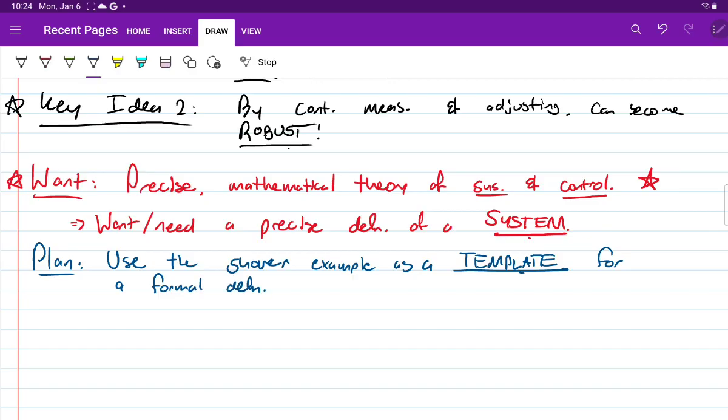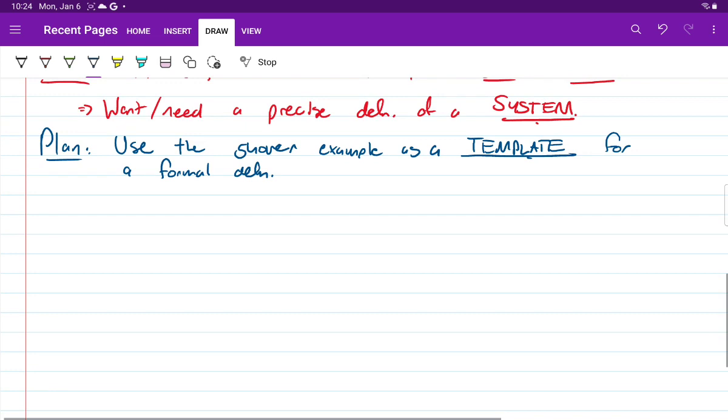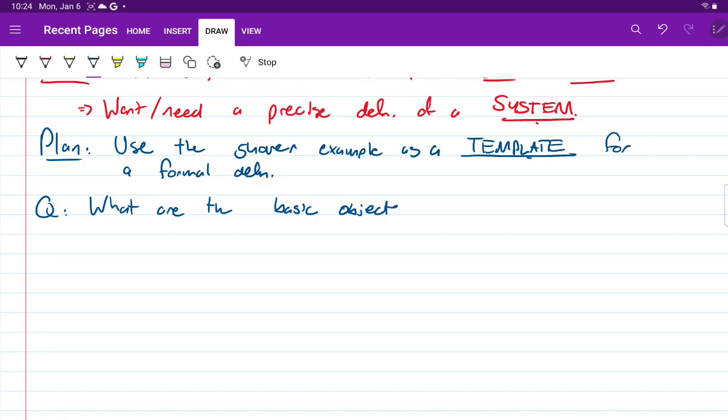Okay, so we're going to take a look at all the different key parts of the shower example and distill out the essential features that really make it work as a control system. Okay, so let's start out by asking, what are the basic objects in the shower control system?